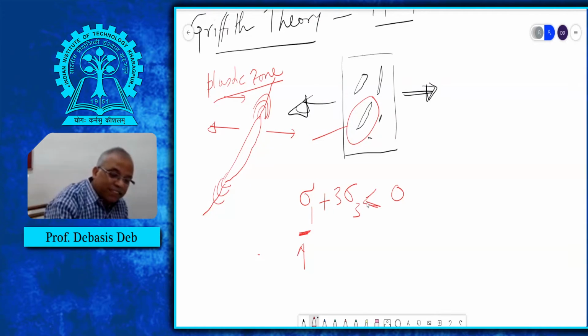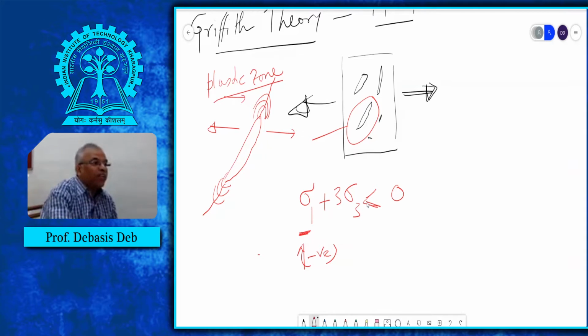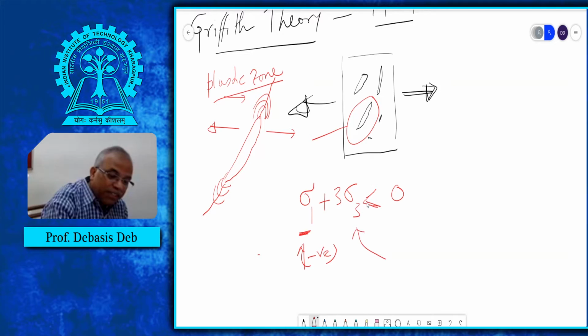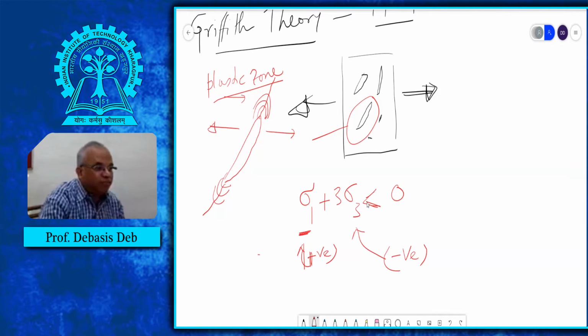The reason is, this is basically negative. This will be mostly compression. And this one will be, oh sorry, now this one will be positive. And this one will now be negative in our rock mechanics nomenclature.